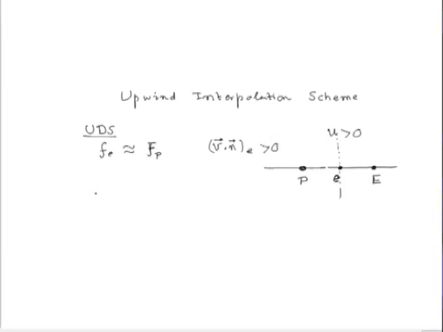So, using the Taylor series expansion, the function value at any point near our computational node P can be approximated as f at P plus (x minus x_P) times del f over del x at P plus (x minus x_P) squared times del 2 f over del x squared at P, plus so on.